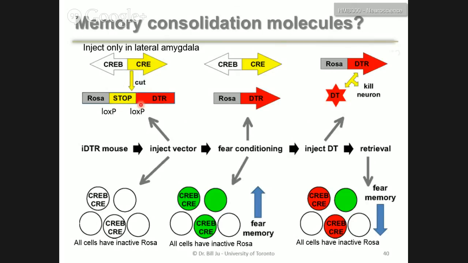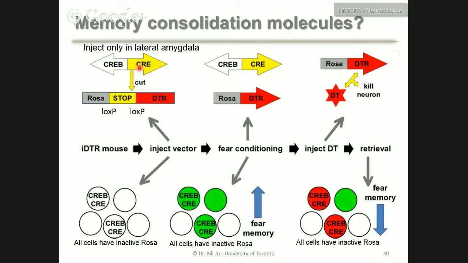In this mouse, which can also learn this auditory association, the Rosa mouse has no problems learning the association. This Rosa mouse has these loxP sites in the same direction, same orientation, around the stop codon immediately preceding diphtheria toxin. I have stereotactically injected CREB and Cre here. What will this vector do if it gets expressed? Yes.